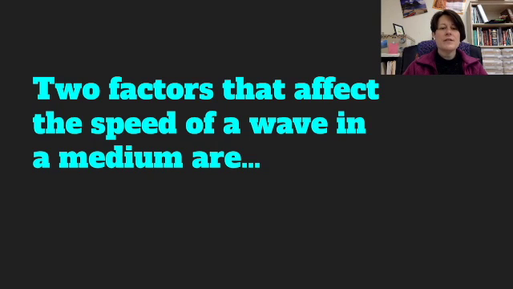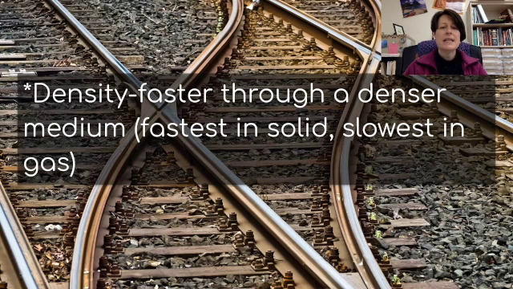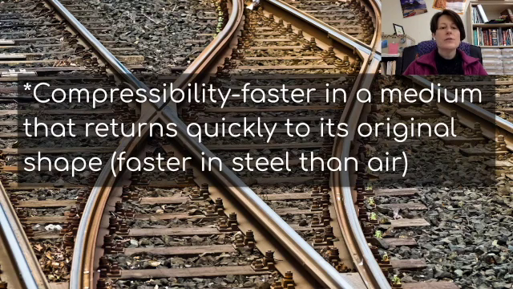Two factors that affect the speed of a wave in a medium are density. It moves faster through a denser medium, fastest in a solid, slowest in a gas. So, a train, you would hear a train through the steel train track if you put your ear to it faster than you will hear it through the air. Also, compressibility. It moves faster in a medium that returns quickly to its original shape.